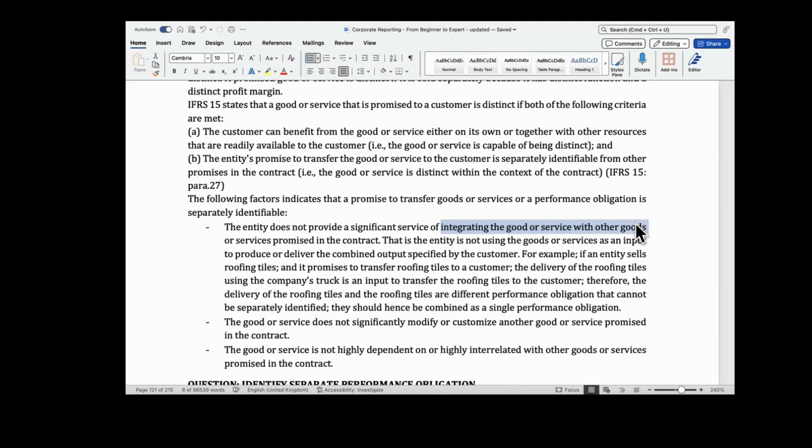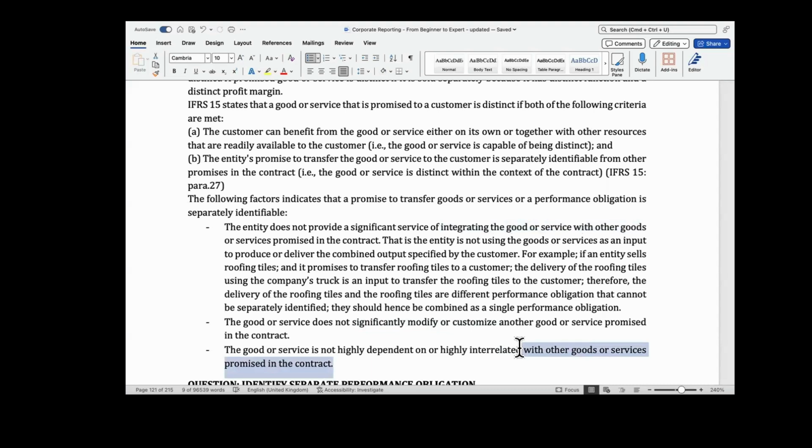Meaning it doesn't have to make other goods or services function. No, it's on its own. It doesn't integrate with other goods or services. Another one is that it doesn't modify or customize another goods or services. And it is not highly dependent or highly interrelated with other goods or services.